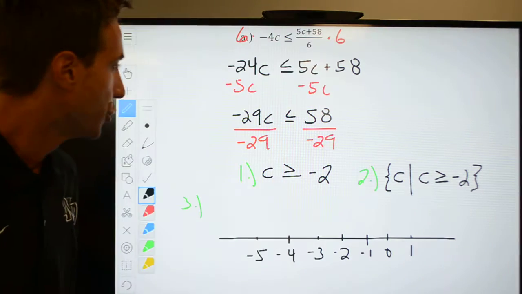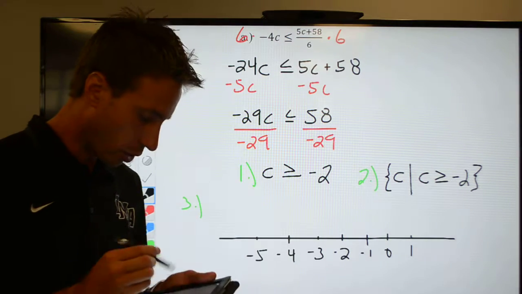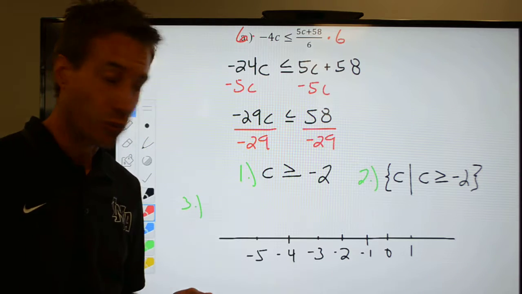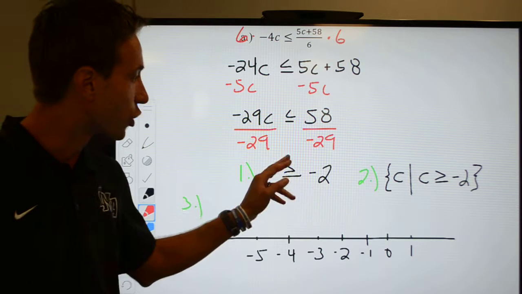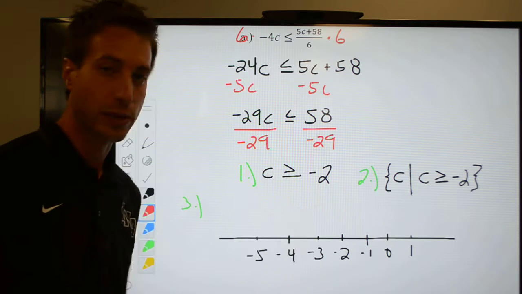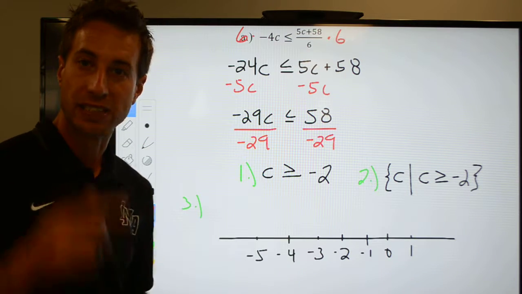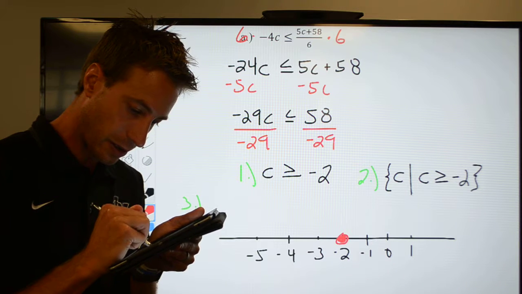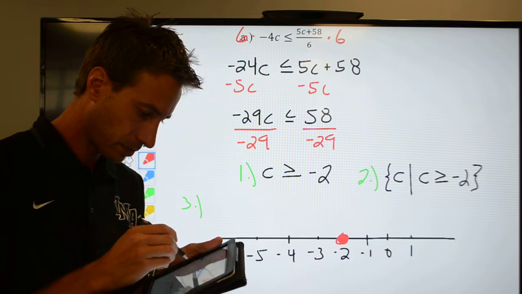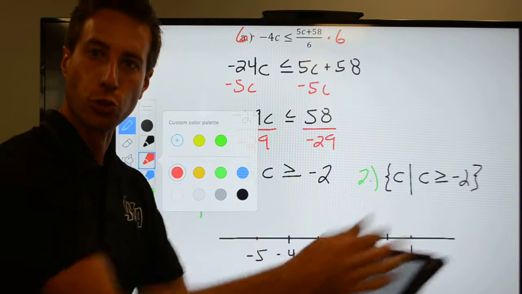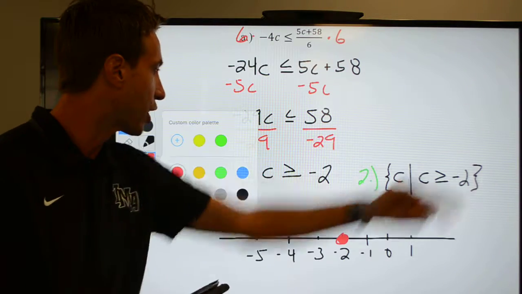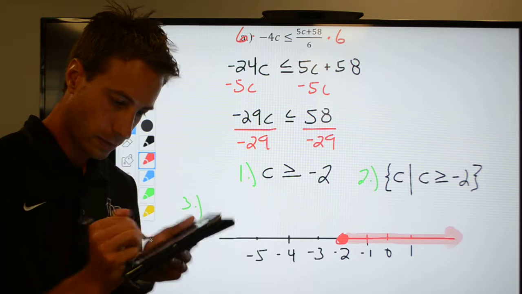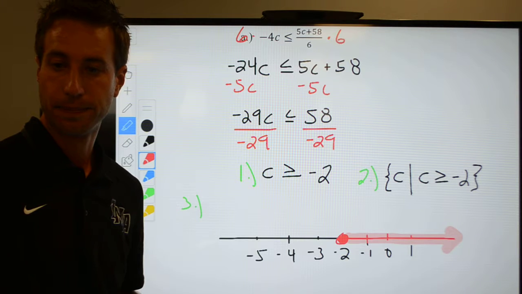The question is, do I need an open or a closed circle? Since c is greater than or equal to a negative 2, equal means fill that circle in. Negative 2, we're going to fill that guy in. I need everything greater than negative 2. That's everybody going in that direction, so here we go. It should look like that.